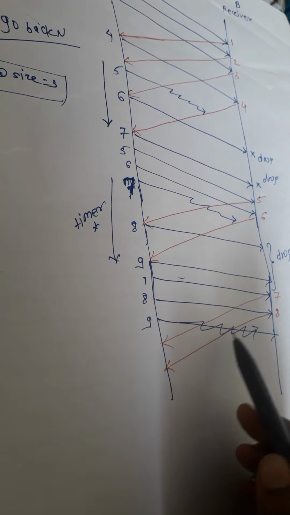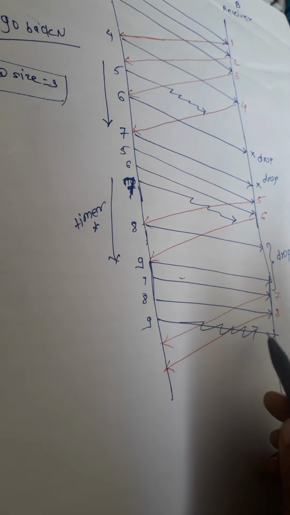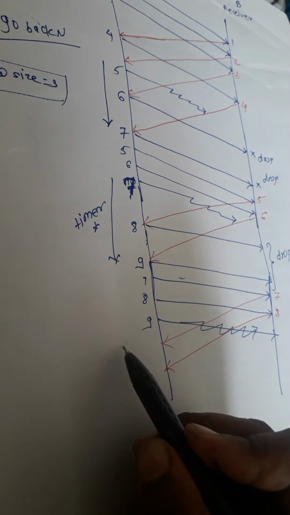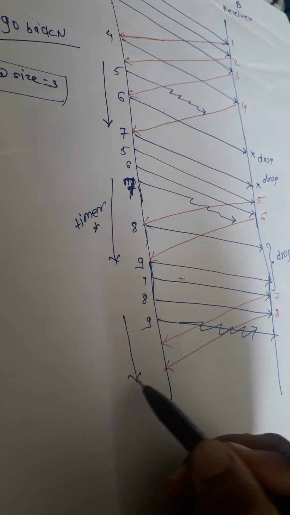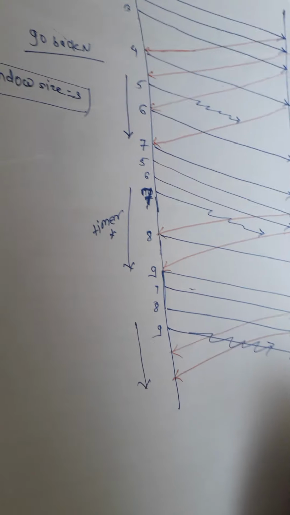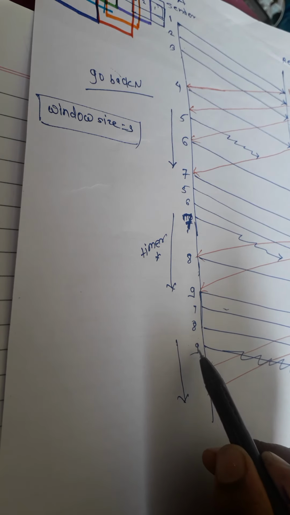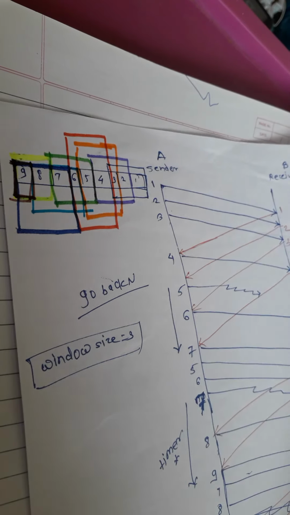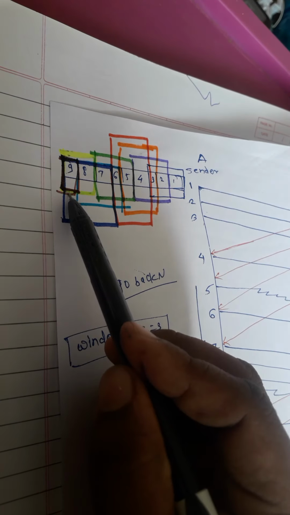But due to this loss in between the transmission, no acknowledgement will come to the sender. So this timer will go off and the sender will get to know that no acknowledgement has been received from the receiver for this 9th frame. So I have to retransmit all the frames which are available in the current window. In the current window, how many frames do we have?